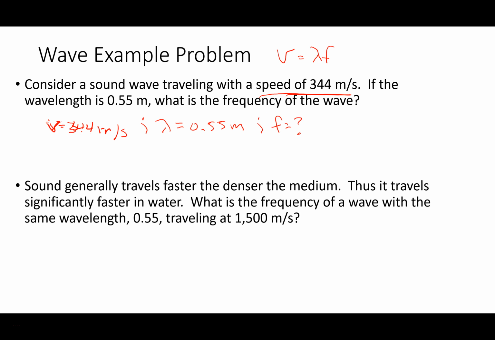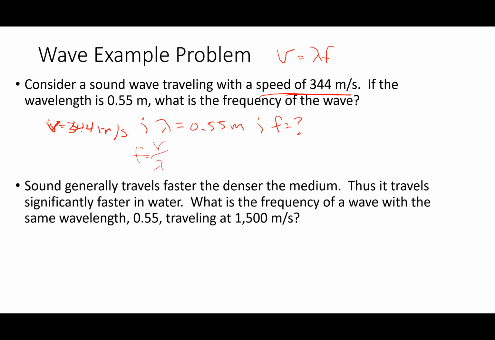So of those three versions that we looked at on the previous slide, which version are we going to use? Right, the frequency is equal to the velocity divided by the wavelength.